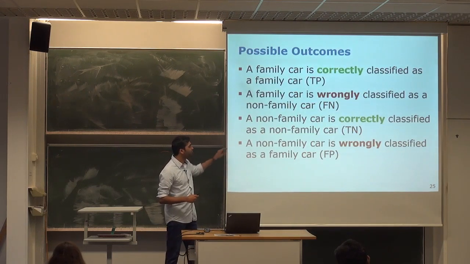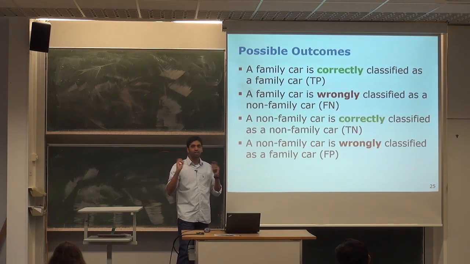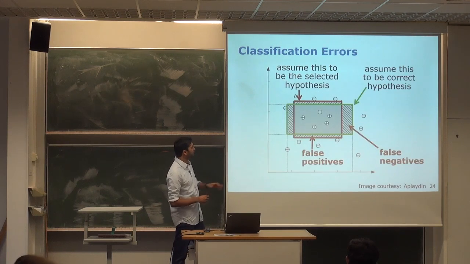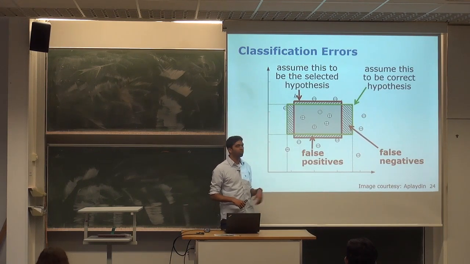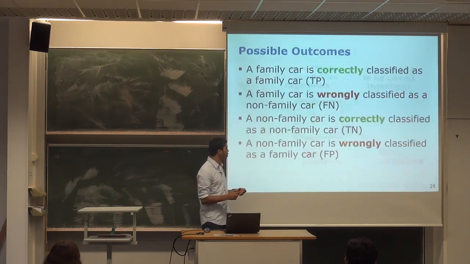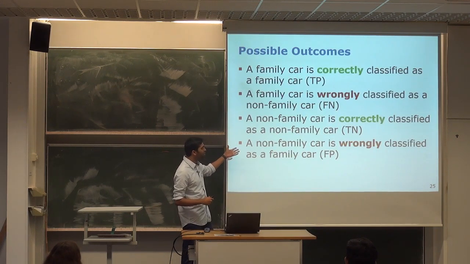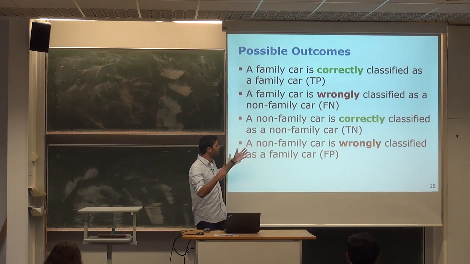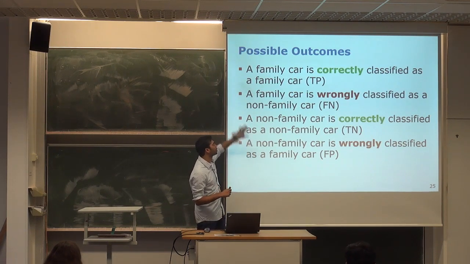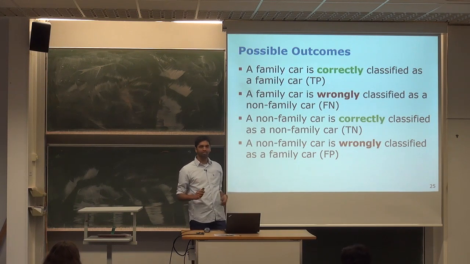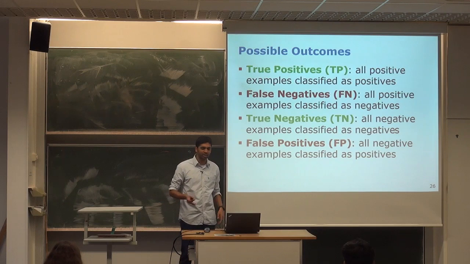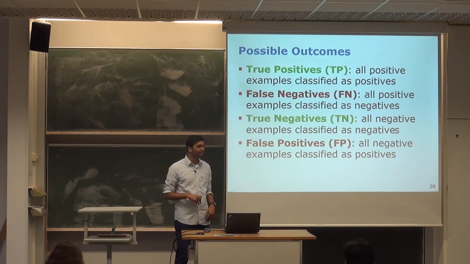And then the fourth part is the worst kind, the false positives, where a non-family car is classified as being a family car. It's probably not correct to say it's the worst, but it's as wrong as the false negative ones. So this was for the car example, but this works in general for any binary classification.